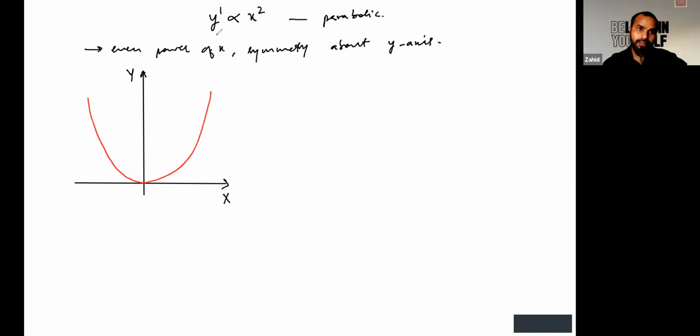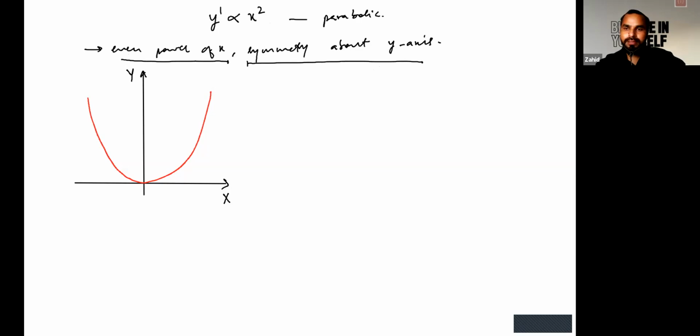Similarly, if it is y squared proportional to x, it will show a parabolic curve along the x-axis, and vice versa. So just remember, an even power of any of the coordinates will define parabolic symmetry about the opposite axis.